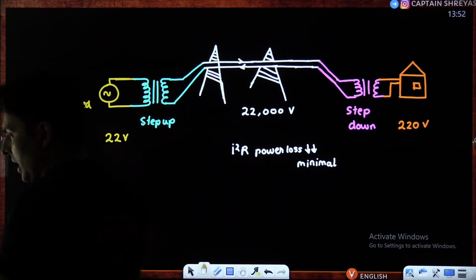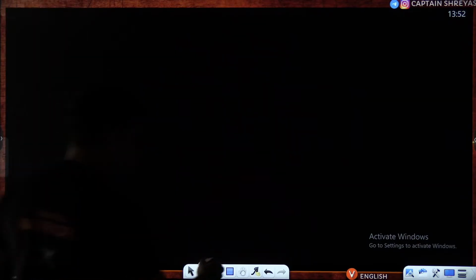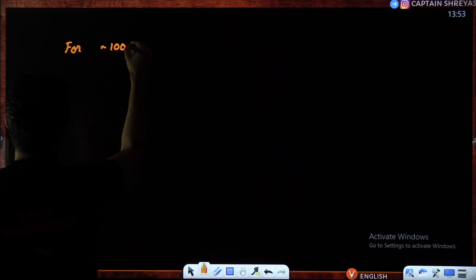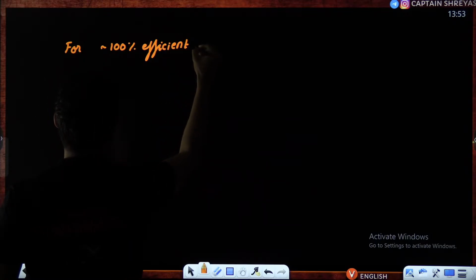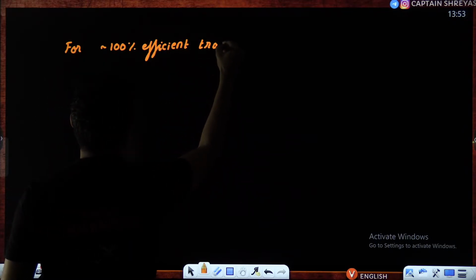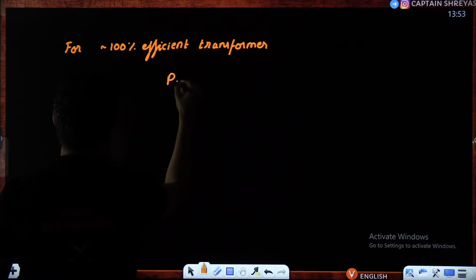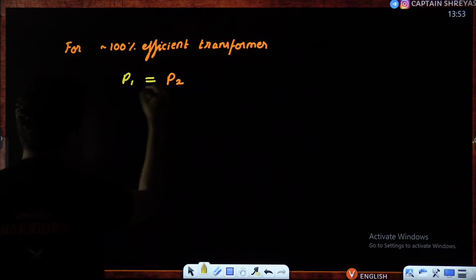Now, having said this, you should also know one thing. For an almost 100% efficient transformer, the power on the output side, that is the secondary side, and the power on the input side will be equal.